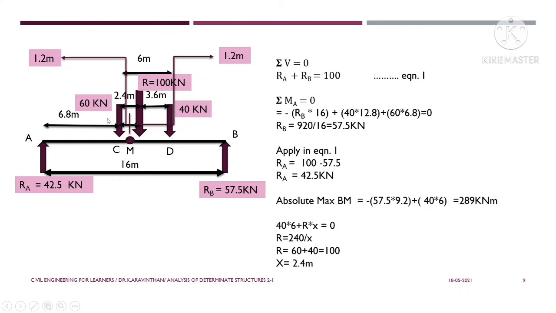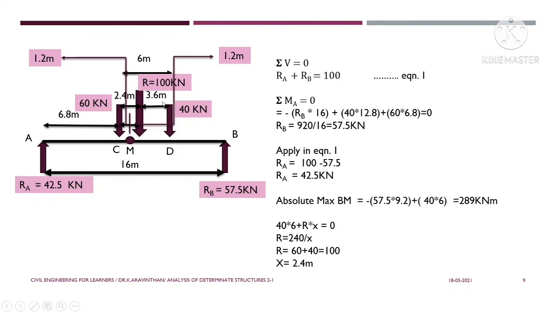So if the moving load is located at this particular distance, then you will have the absolute bending moment. You can try by yourself locating the load at different points in this girder. You will not get more than 289. So that is why it is called absolute maximum bending moment.